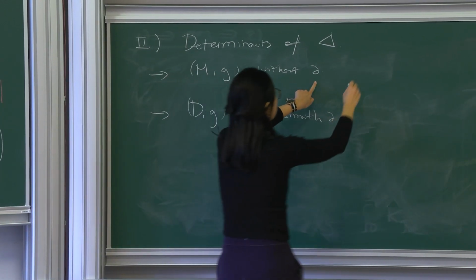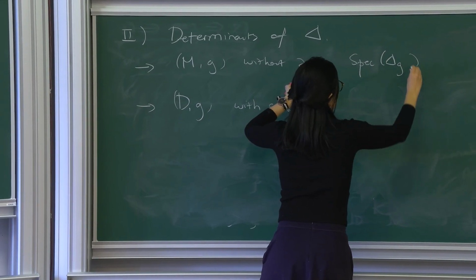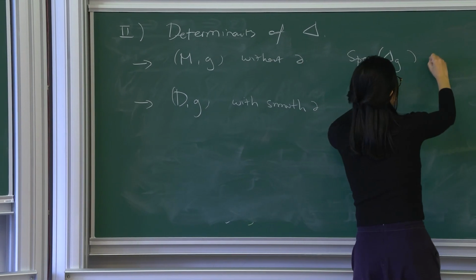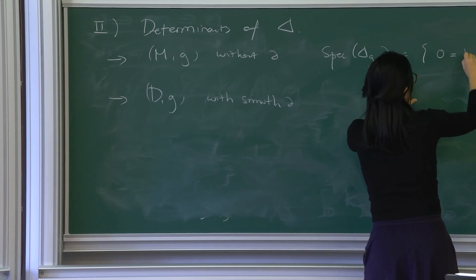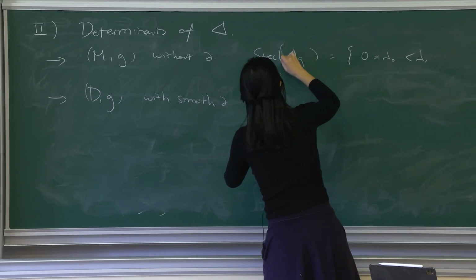So the Laplacian, the spectrum of Laplacian, here, you will have 0, lambda 0, lambda 1, but actually the spectrum of minus Laplacian.